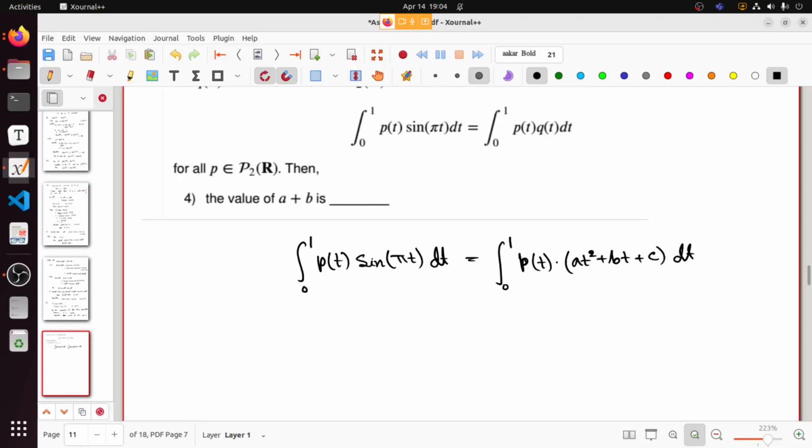So this is for all p. So then what will it be? It will be from 0 to 1. So take it to one side, and you will get p(t) times sine. But we don't need to take it.